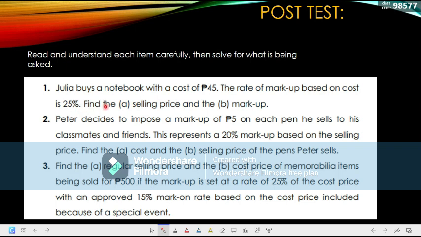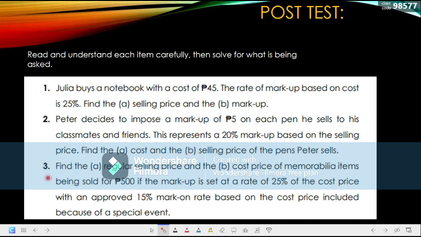Find the selling price, that's for letter A, and B is markup. Number 2. Peter decides to impose a markup of 5 pesos on each pen he sells to his classmates and friends. This represents a 20% markup based on the selling price. Find the cost, that's A, and the selling price of the pens Peter sells, that's letter B.